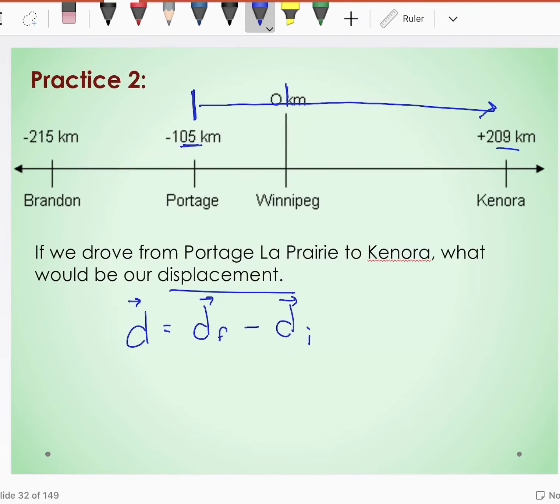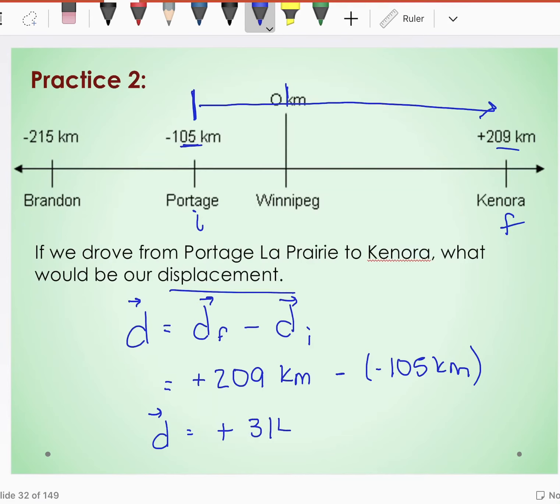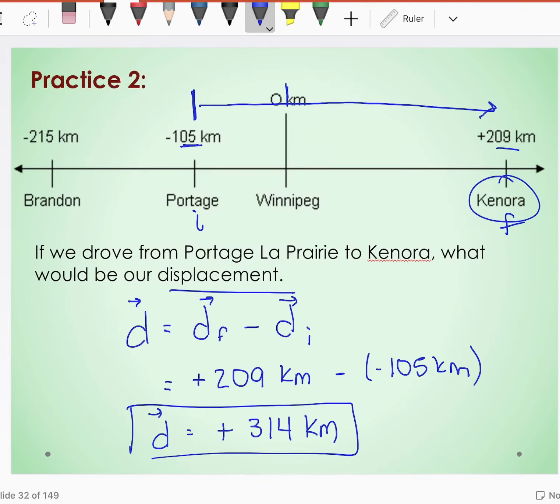I'm ending in Kenora, so that's my final position, and I started in Portage La Prairie. So this becomes positive 209 kilometers minus negative 105 kilometers. Positive 209 minus negative 105 is positive 314. So Kenora is positive 314 kilometers from Portage La Prairie.